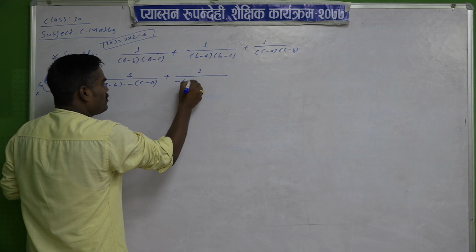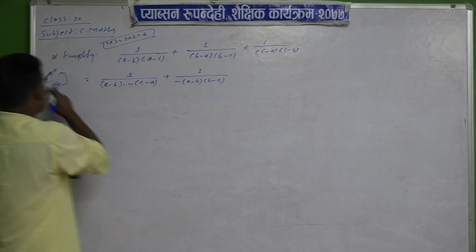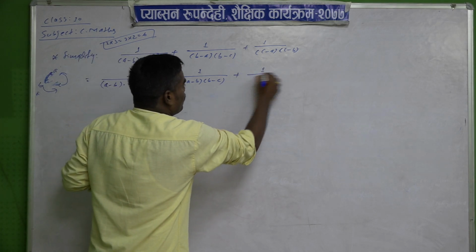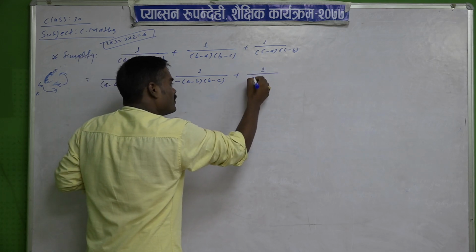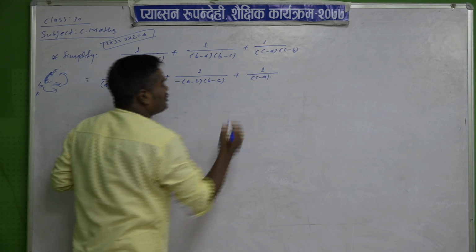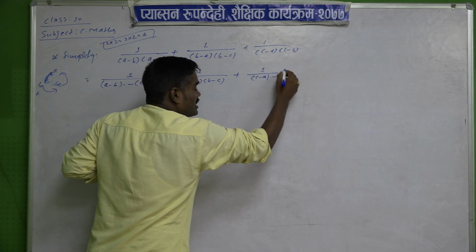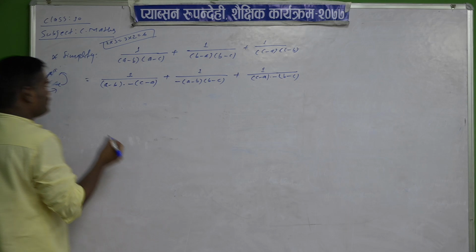So here minus common, we can write a minus b, b minus c, already the same, plus 1 upon c minus a, it is given, it's right, but we need b minus c. So with a minus, in place of c minus b you can write b minus c.